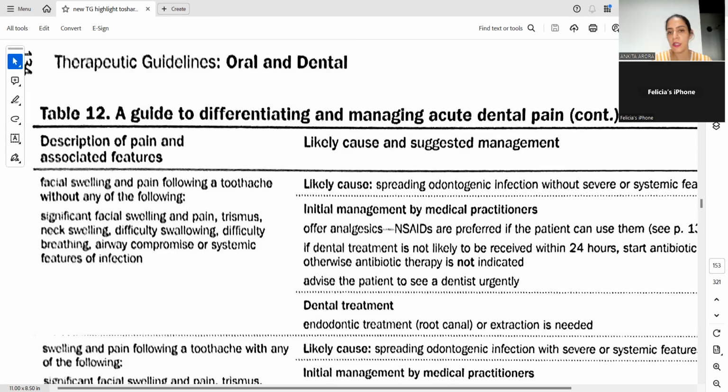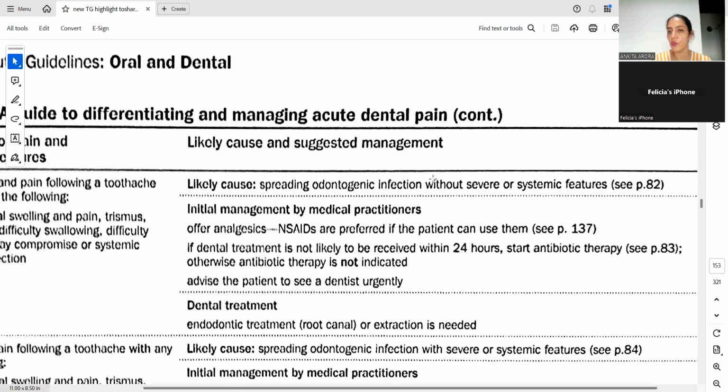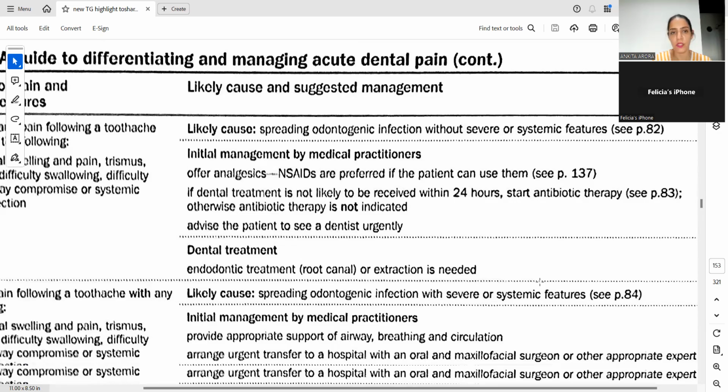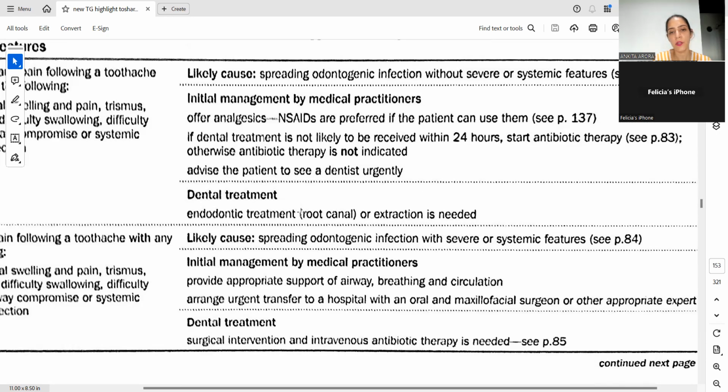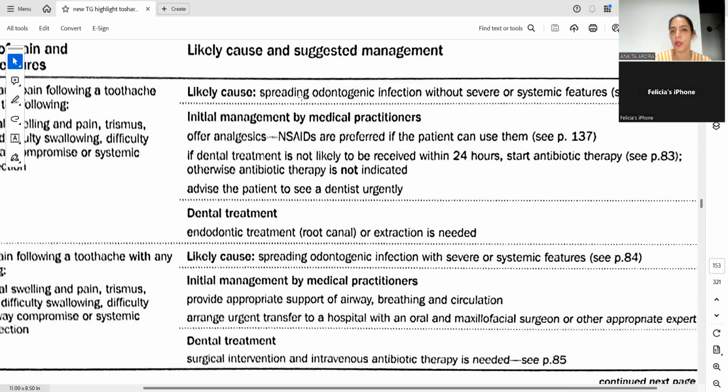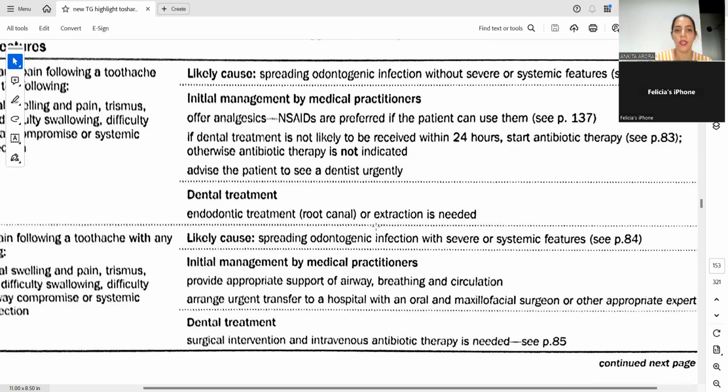So it is spreading odontogenic infection without severe or systemic features. In this, what will the medical practitioner do? He will prescribe analgesics. If dental treatment not likely, antibiotic therapy will be started and urgent visit to dentist. Dental treatment, endodontic treatment or extraction, because now it is an abscess. It's a spreading odontogenic infection.